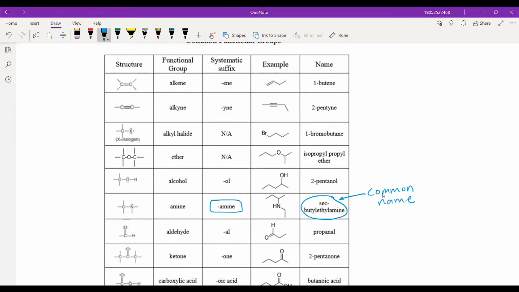So just make a note of that. Also for ethers, they don't have a systematic suffix. We'll talk about an ether in this problem in a few minutes. This also given here is the common name, so it doesn't have the systematic name. But we'll go over these in these examples, and I'll show you how that works. Systematic, that's what I mean.